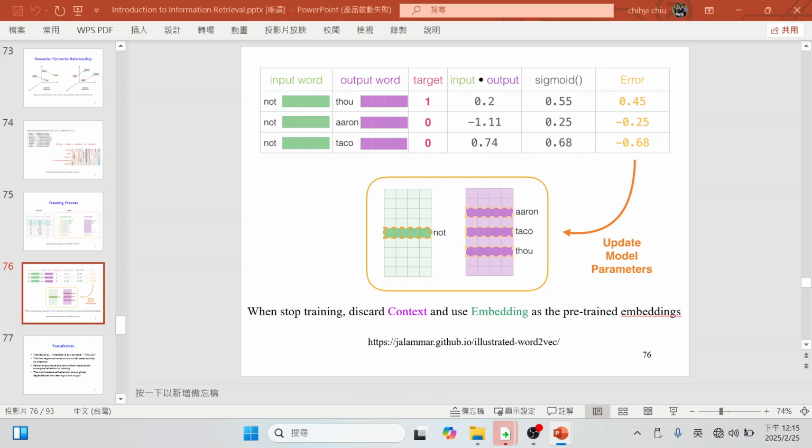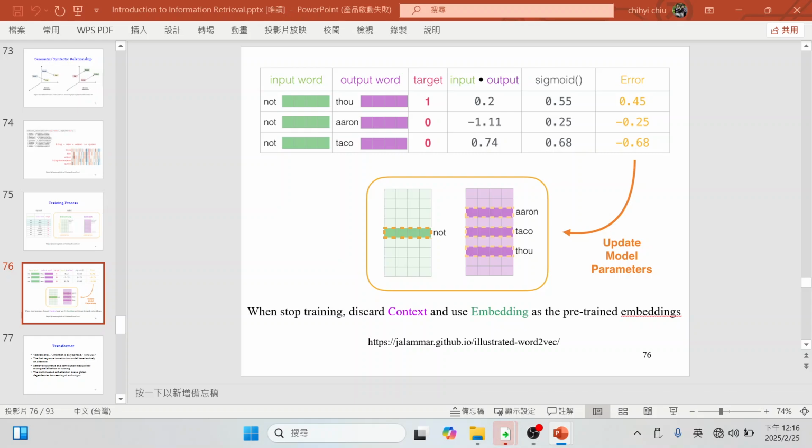Compare your prediction with your target through an activation function, and you can calculate the error between your prediction and your target. We use this error as feedback. It's backpropagation, a standard way to train your deep learning model, and you can update the model parameters.